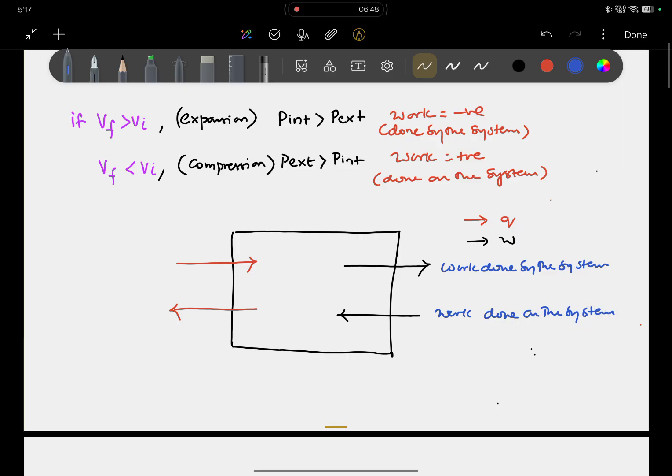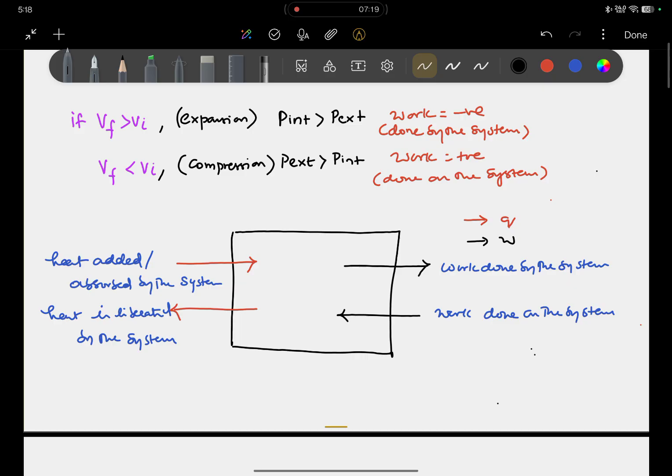What do you mean by the red color Q? Heat added or absorbed by the system. Here heat is liberated by the system.